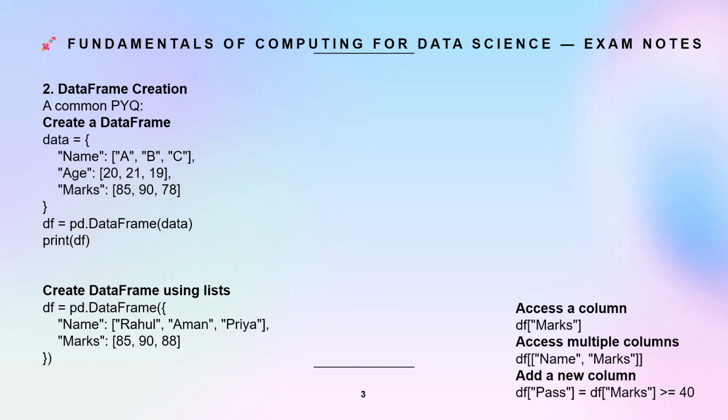So next is data frame creation. How do we do this? This is done in the form of a dictionary, where you write the key as the column name and then you have the values. I'll show it in the form of a table.